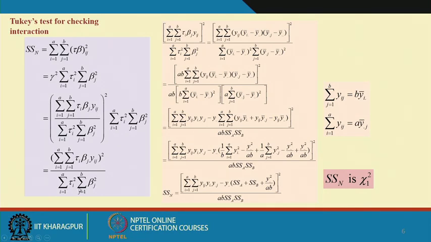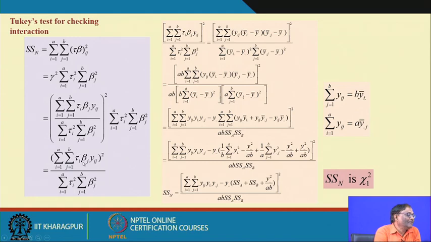So, in the denominator, the sum of tau i square into the sum of beta j square will remain, and the numerator is the sum of this square, i equal to 1 to a, j equal to 1 to b. What will we write here? We know the estimated value of tau i, we also know the value of beta j, and y ij is already given.